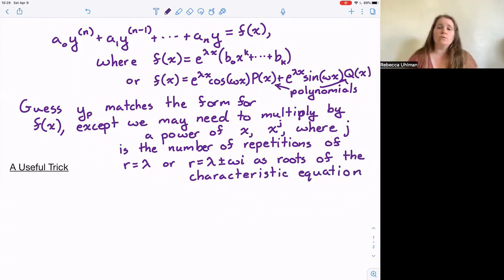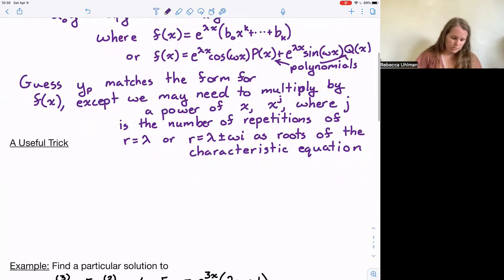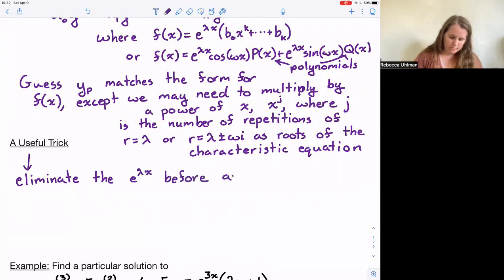So a useful trick we have is that we can somewhat limit the amount of product rule we need to apply by eliminating the e to the lambda x before applying the method of undetermined coefficients.